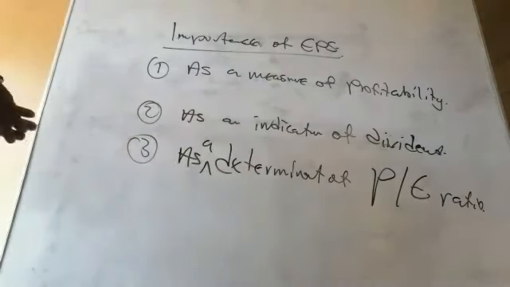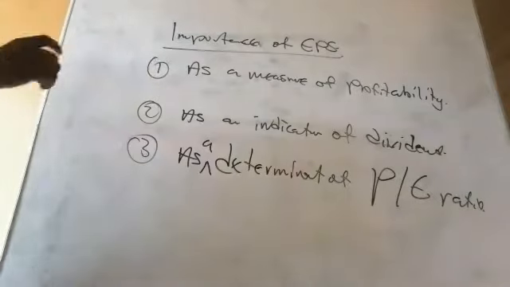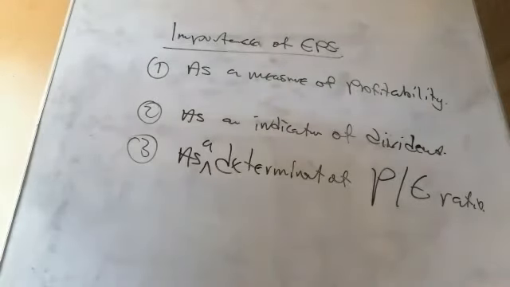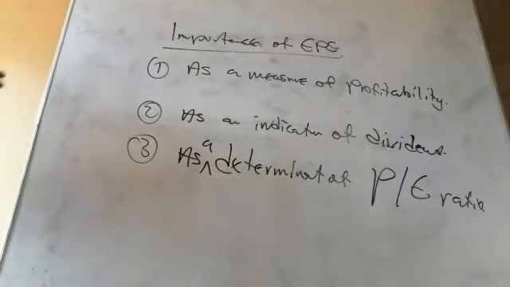The PE ratio gives the actual value that must be paid for each of the shares, so the determination of that value will be based on the earnings per share. So basically, these are the three important points on earnings per share. It's critically important. So remember, ICAG May 2018, question 2A.